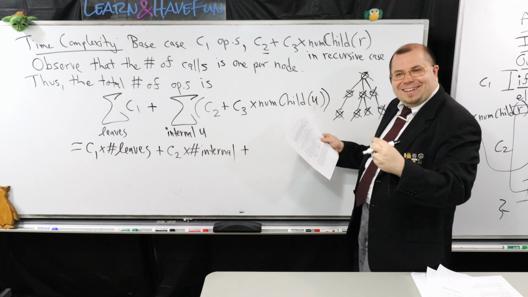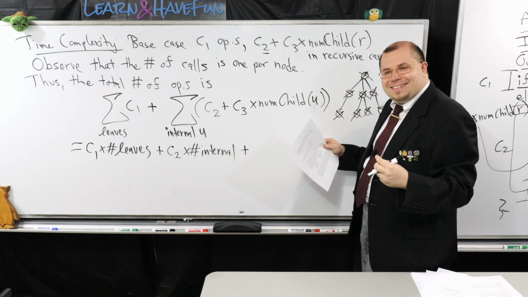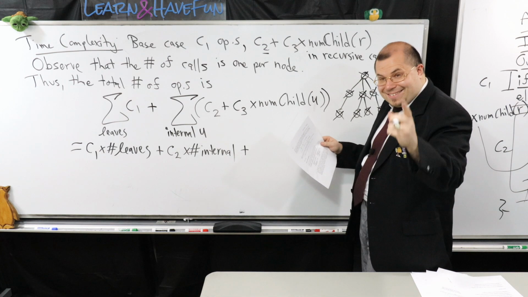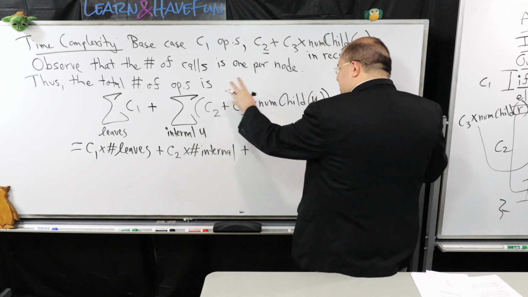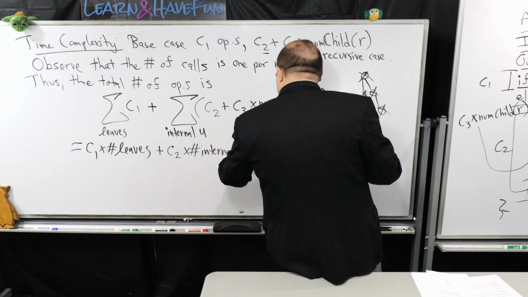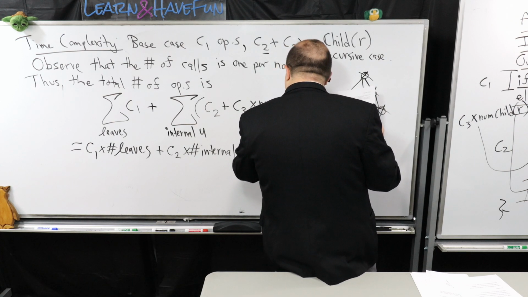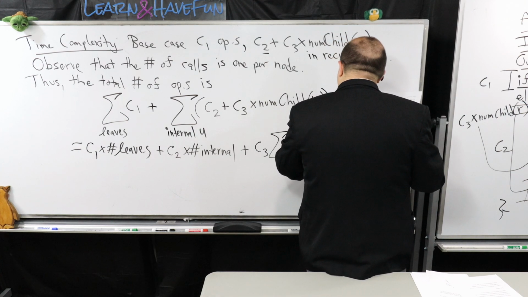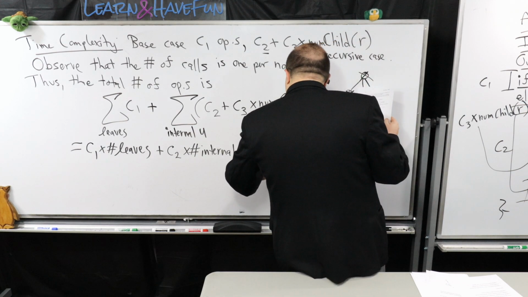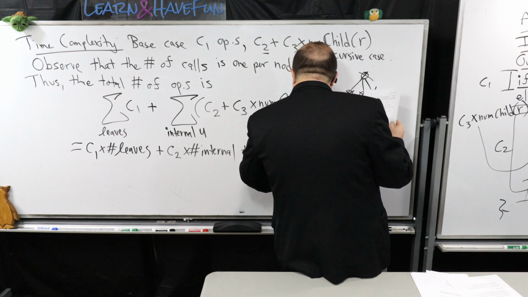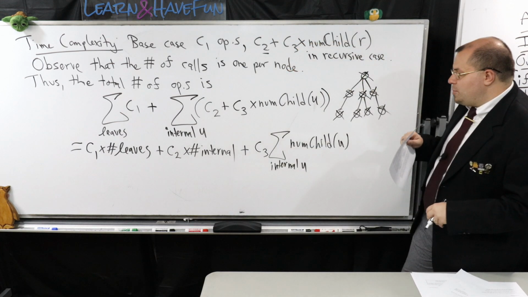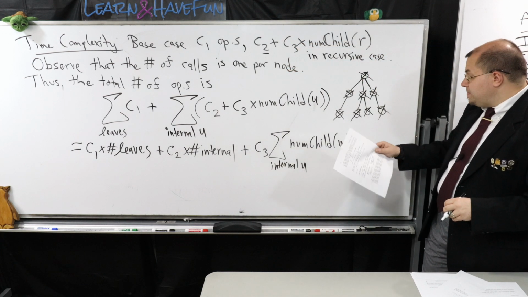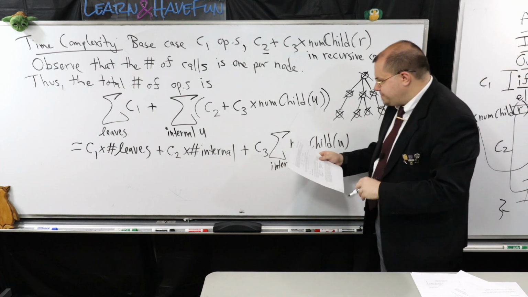Yes or no? Yes, it does. So we're going to keep that inside of the summation. I could just take this C3 and throw it out in front, and I'm just going to write numchild of U. And this is over all of the internal nodes. So I'm going to sum over still all the internal nodes. I've got this set up.